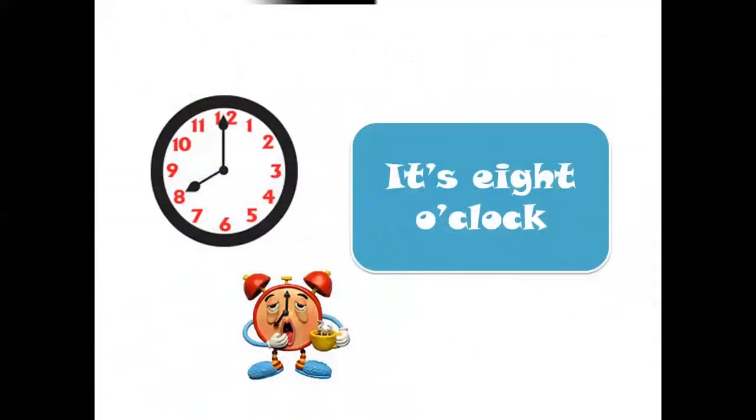What is the time, boys? 8 o'clock. Yes, how do we know that it is 8 o'clock? Because the small handle is on 8 and the big handle is on 12. That is why the time is 8 o'clock.